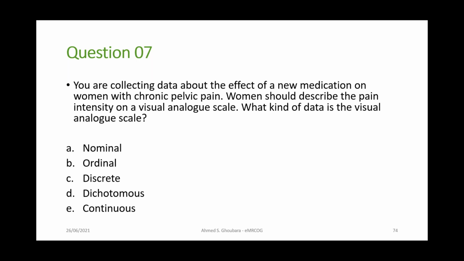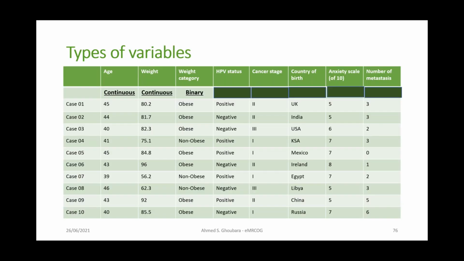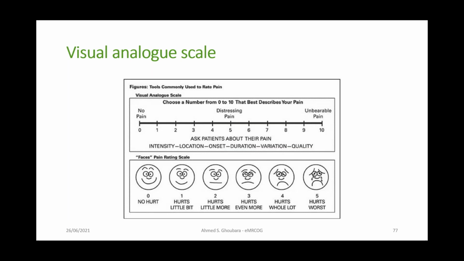Ordinal. It comes up a lot in the exam. The visual analog scale. What is this? I'll show you the visual analog scale, if you haven't seen it before. It's basically a scoring system like the PMS or the anxiety scoring system. This happens in real life every day in clinic in the NHS.